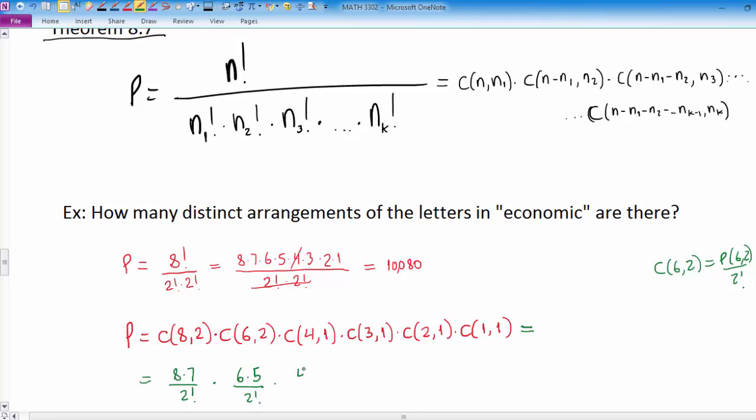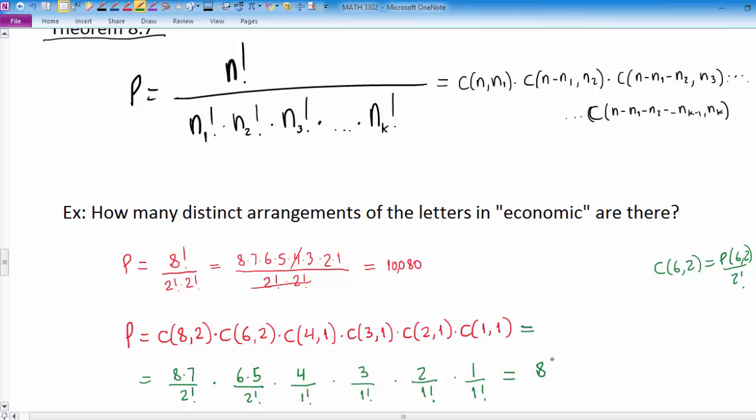Here, that's 4, and it's only 1, so divided by 1 factorial. Here, it's 3, because it's only 1 factor, divided by 1 factorial. Here is 2, divided by 1 factorial. Here is 1, divided by 1 factorial. As you can see, this is exactly what you see right there.